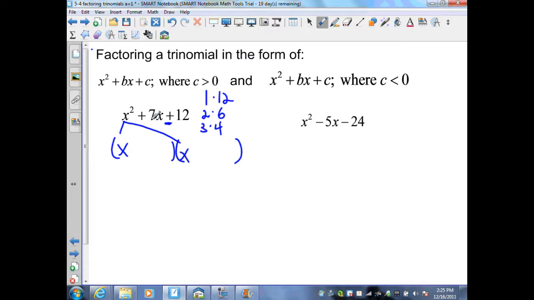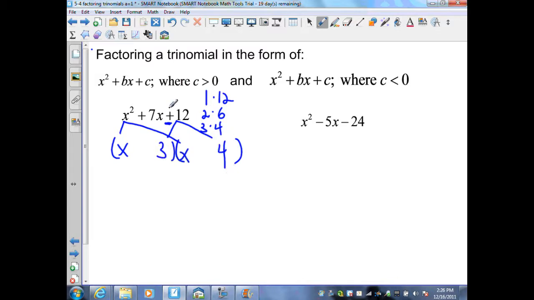That doesn't give me 7. I know 2 times 6 is 12, but when I add them, doesn't give me 7. 3 times 4 is 12, but when I add them, because of that symbol, that does give me 7. So I know I need to break up my 12 into 3 and 4.